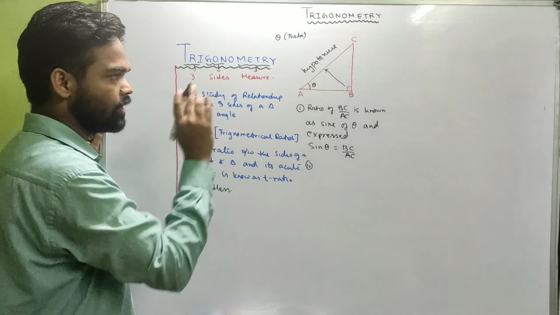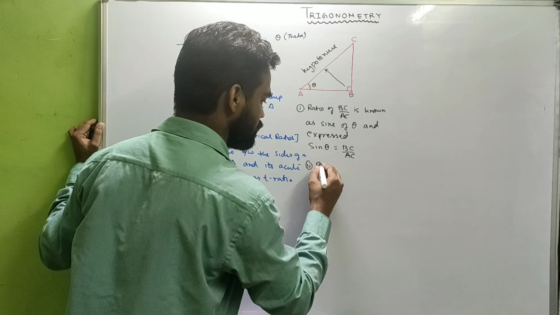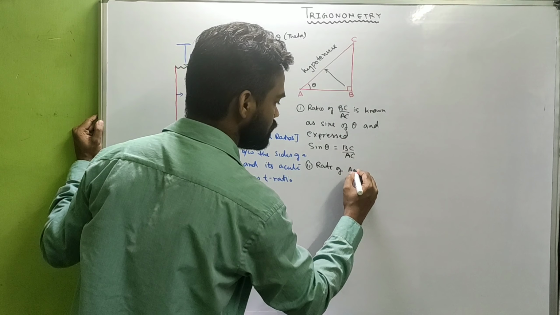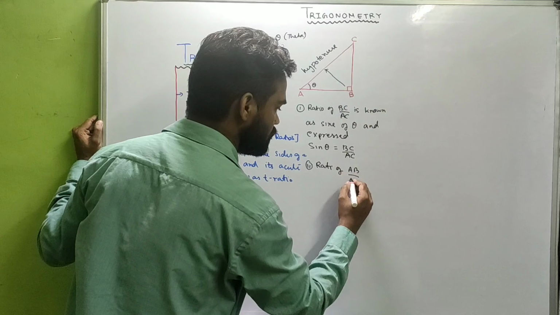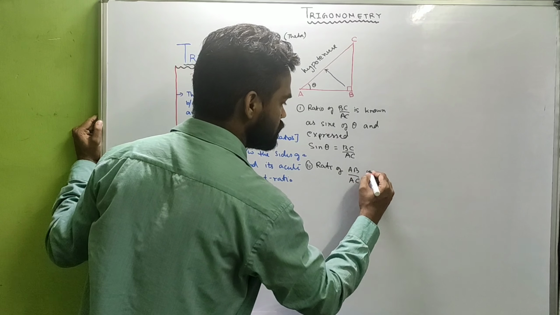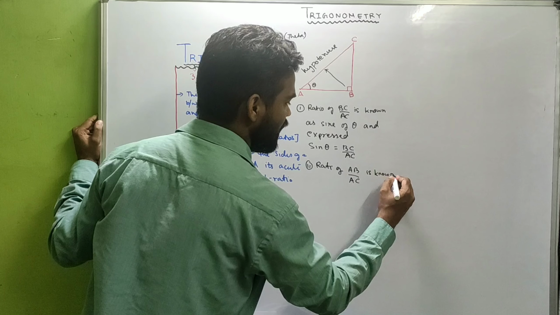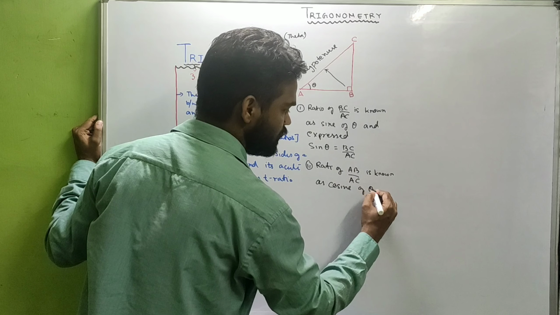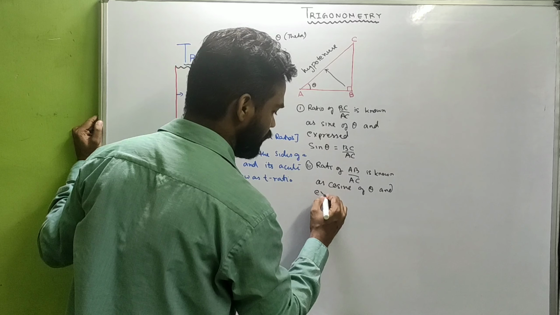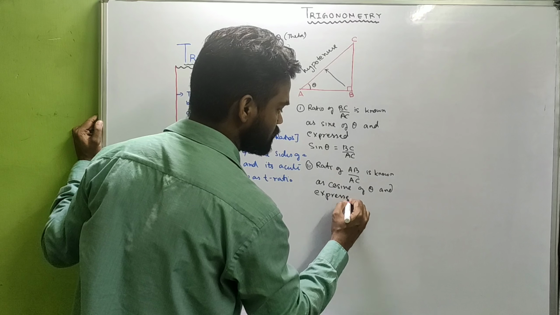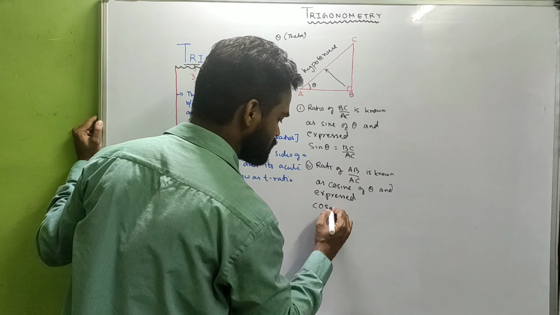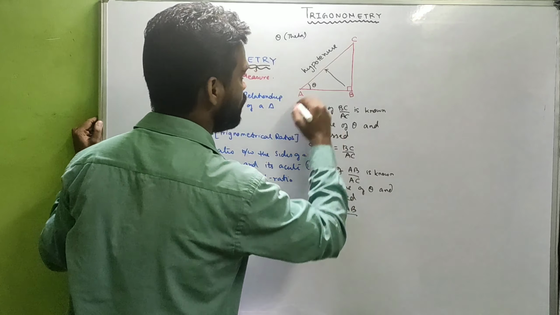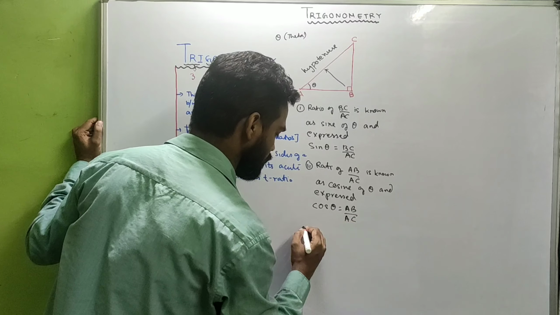Okay, now look, another ratio of AB by AC is known as cosine of theta, expressed as cos theta equals AB by AC. We have few more.